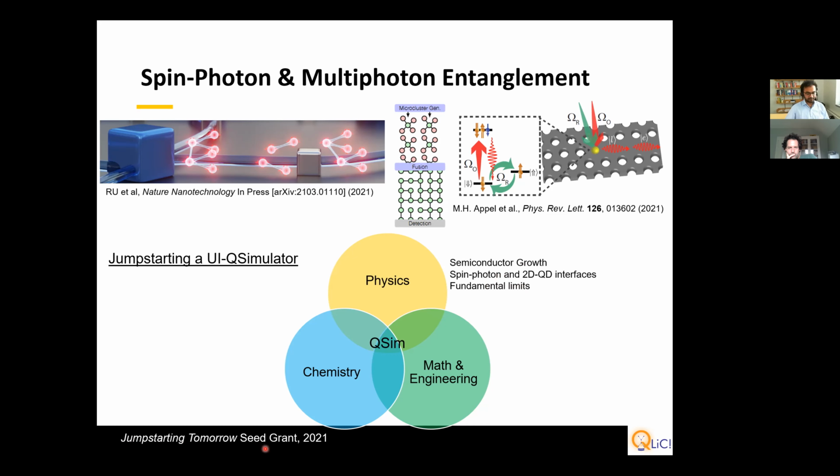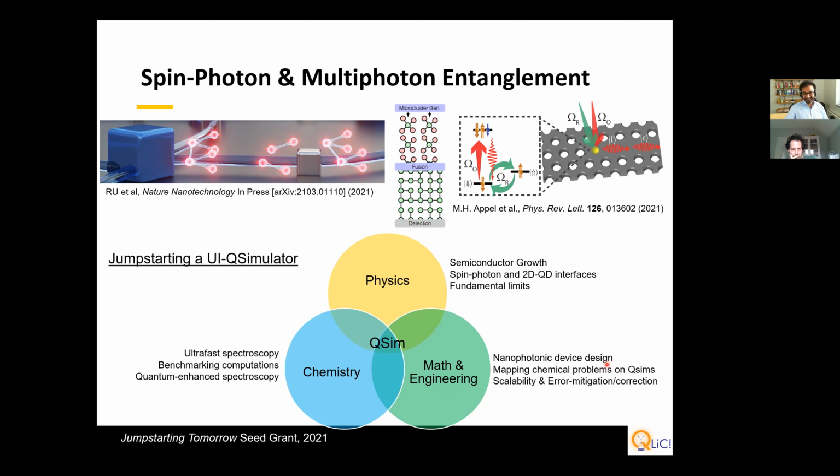We just got a seed grant from the university, trying to bring together the departments of physics, chemistry, math and engineering, looking at properties like semiconductor growth, spin-photon and 2D quantum dot interfaces, and ultrafast spectroscopy, benchmarking chemical calculations, and on the math side, looking at mapping and scalability and error mitigation schemes.